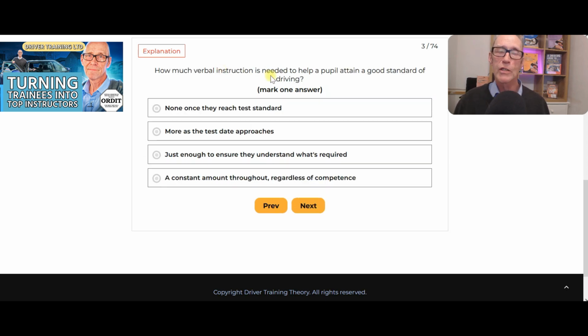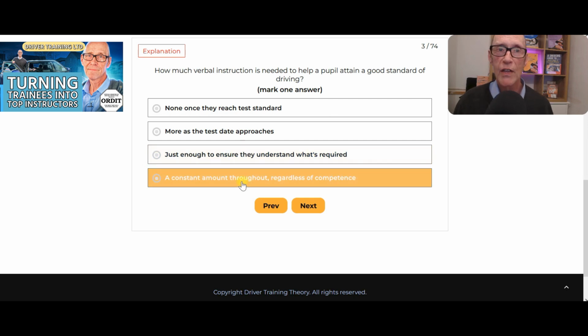How much verbal instruction, question 3, is needed to help a pupil attain a good standard of driving? Now, here it can be slightly confusing because we might think, well, it's a constant amount regardless of how good they are. Well, when you're teaching someone, the better they get, the quieter you should become because they start to understand it and start to do it.